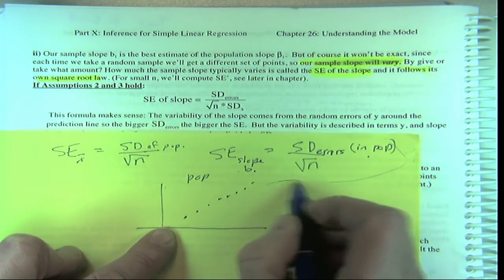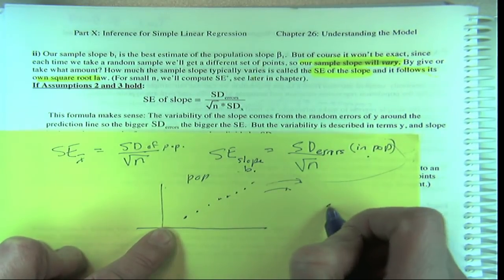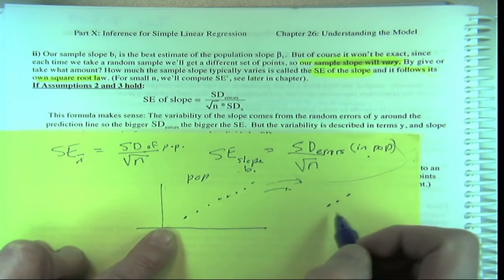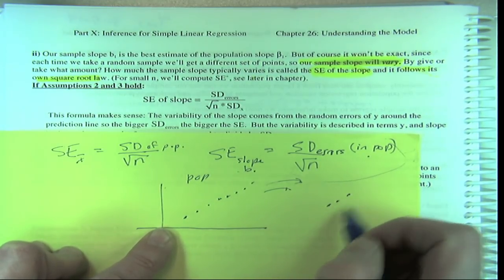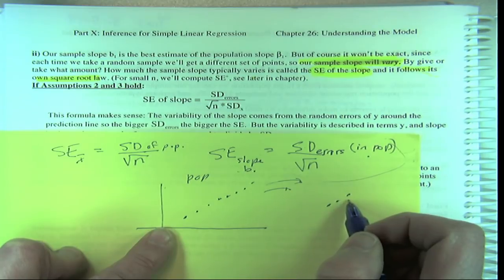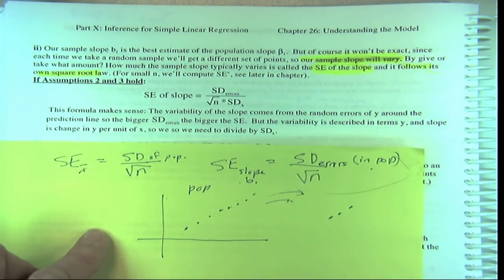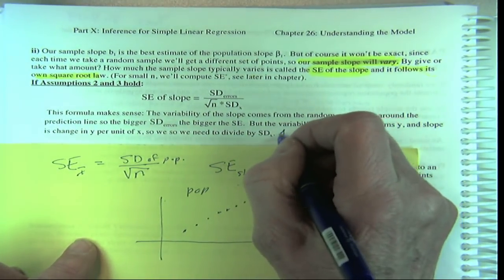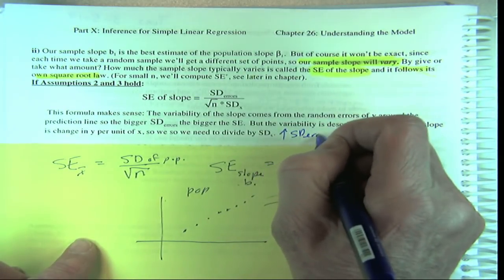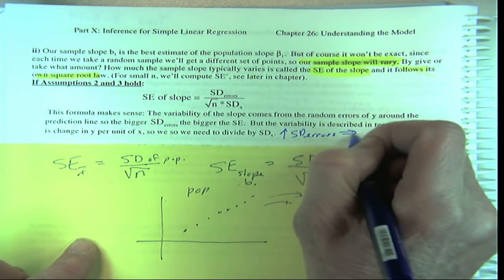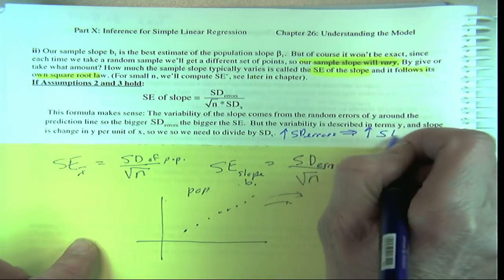Then every time we took a sample out of it, we'd get the exact same thing, even if we had 3 points. So we'd have no sampling error. So what we're saying here is the bigger the standard deviation of the errors, the bigger our sampling error is.